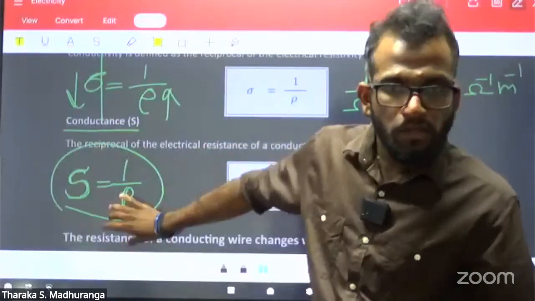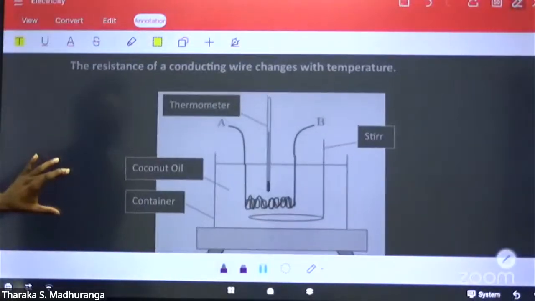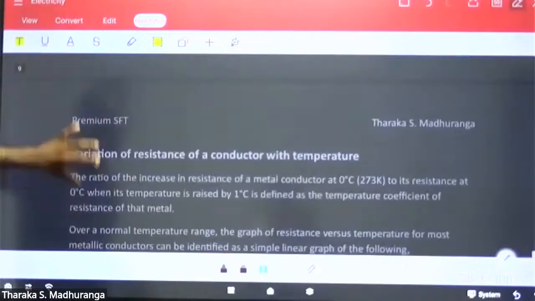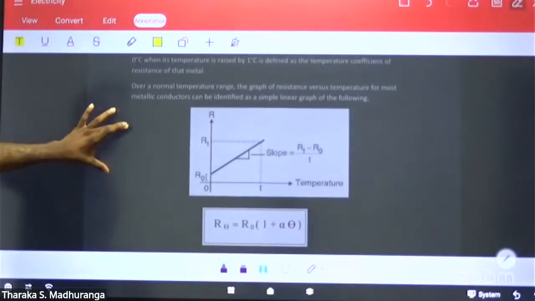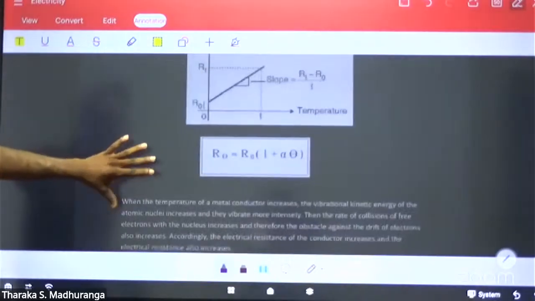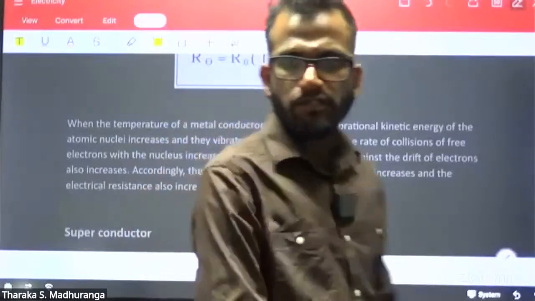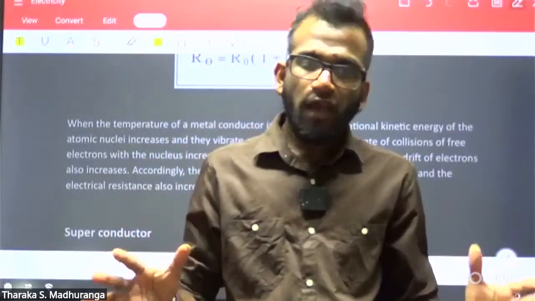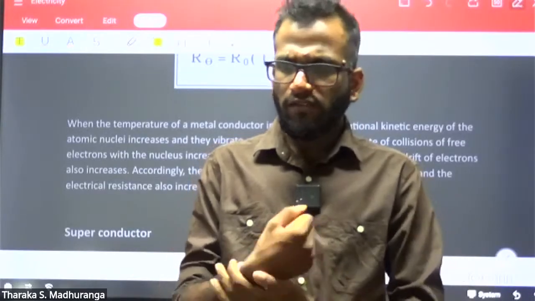Okay, that's today's lesson. Next week we start from the advanced part of resistance. Then we can continue up to the end of the lesson. Now we have another very small part. 50% is completed. Now you have only 1.5 lessons remaining.